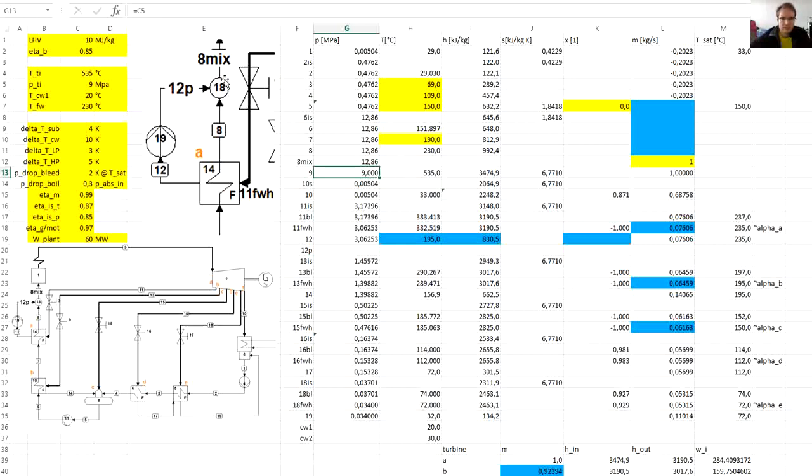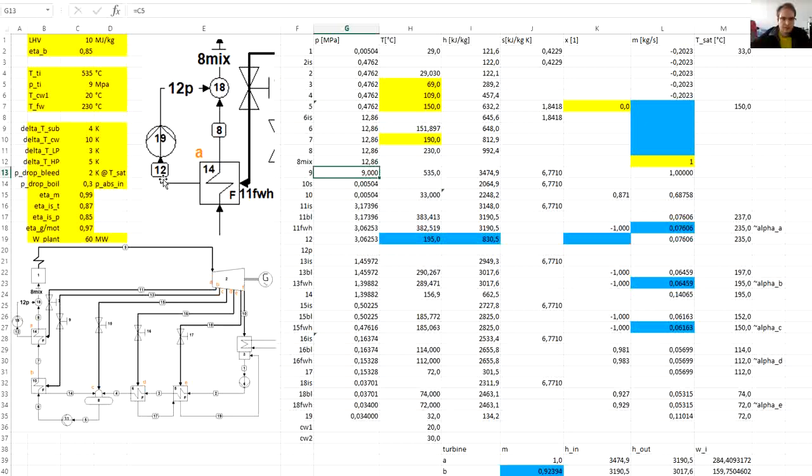And that's all we can say for now about the node number 8 mix, because for solving the enthalpy we will need to know the mass flow rates and enthalpies in the remaining nodes, which we know for the node number 8, but we don't know yet for the node number 12p.